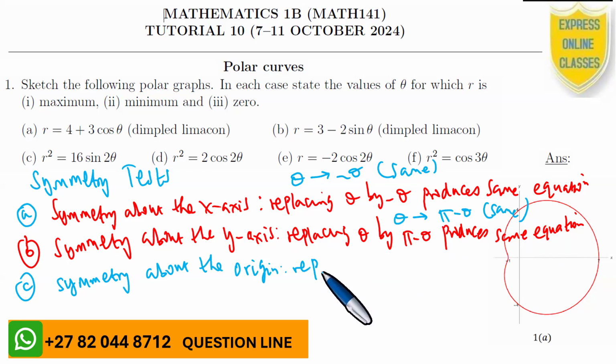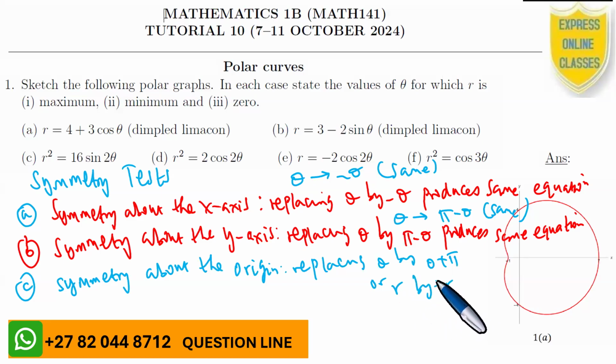In this case, symmetry about the origin: replacing theta by theta plus pi, or r by minus r, produces the same equation.